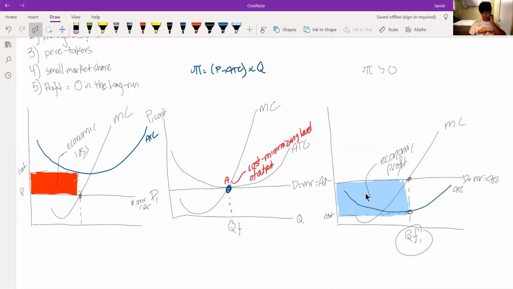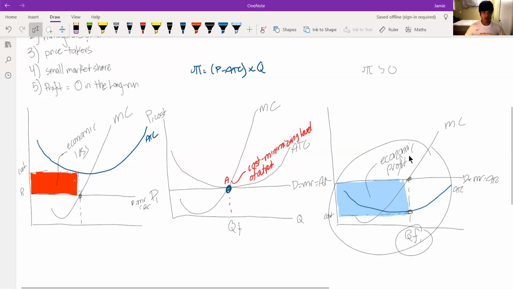Okay, so in the long run, to satisfy one of the assumptions that long run profit has to equal 0, what's going to happen is, if we take, for example, this firm earning a profit, this is a short run scenario. And so other firms, not firms currently in the industry, are going to enter this market because there's profit. And as time goes on, more firms are going to enter, which will drive down the price of the product. And so as prices decrease, profit decreases.